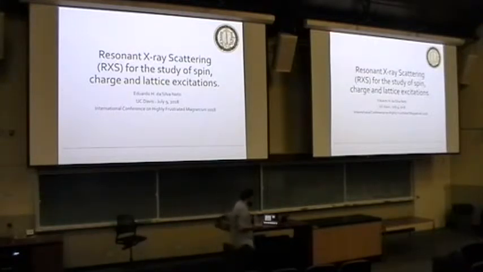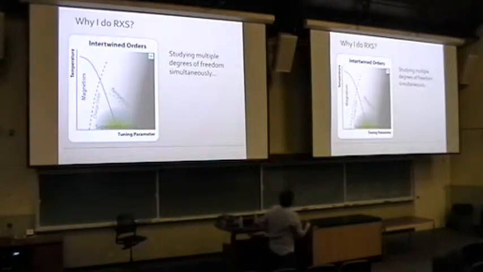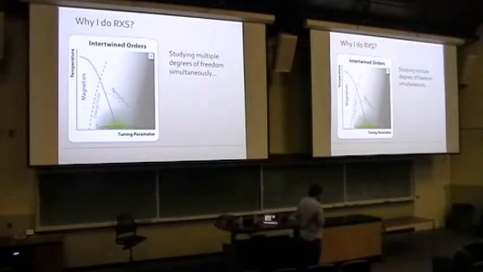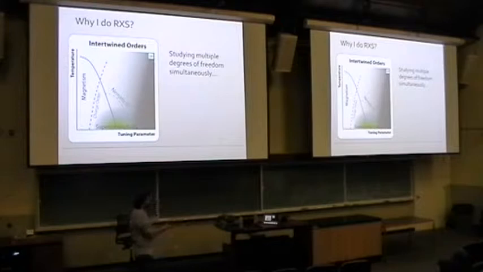I'm going to be describing some of the things we can do with this technique of resonant X-ray scattering. My interest in the technique comes from my research, where I study topological materials, but also a lot of unconventional superconductors, like fermions, which have these very complex phase diagrams with various orders and degrees of freedom.